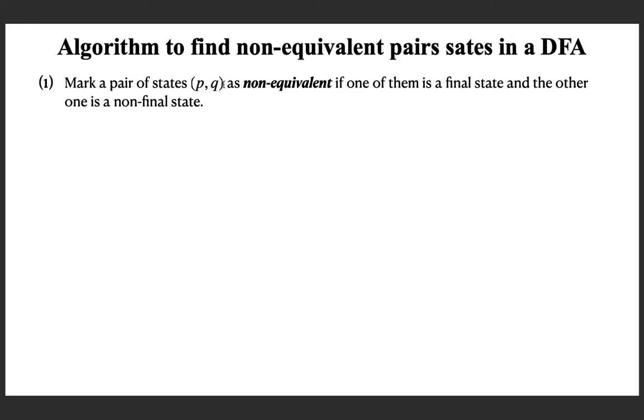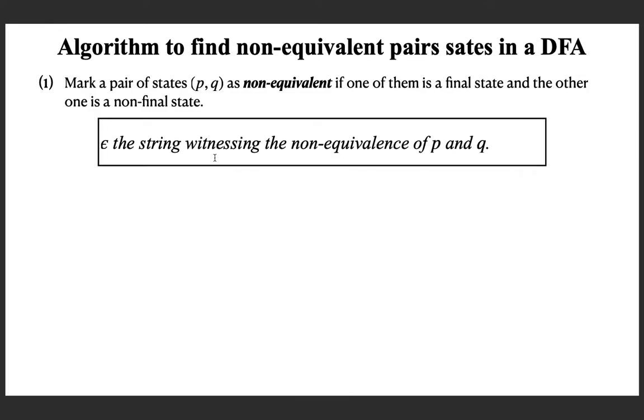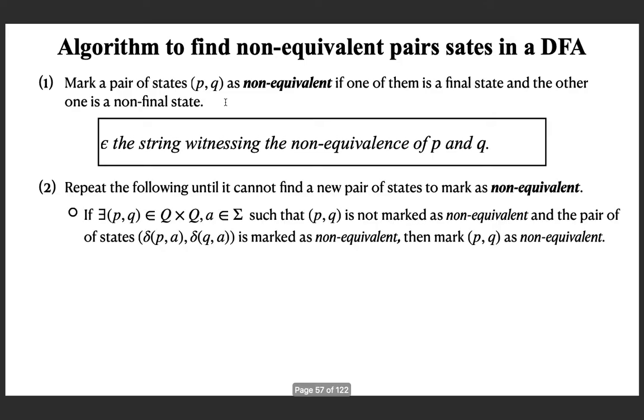It marks a pair of states PQ as non-equivalent if one of them is final and the other one is non-final. That is, it sees whether epsilon is a string distinguishing them, that is, a string of length 0. If yes, you mark them. So, epsilon is the string which allows you to do that.